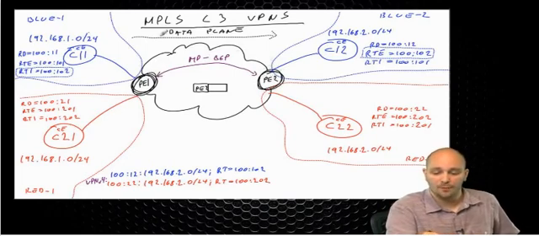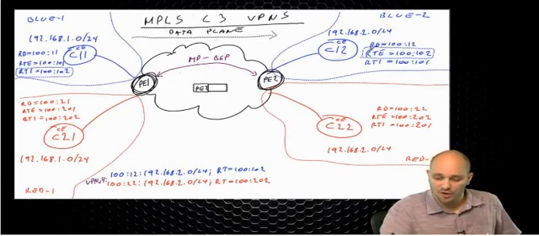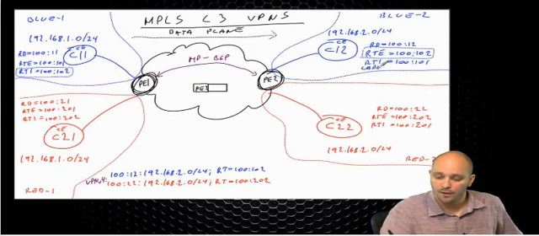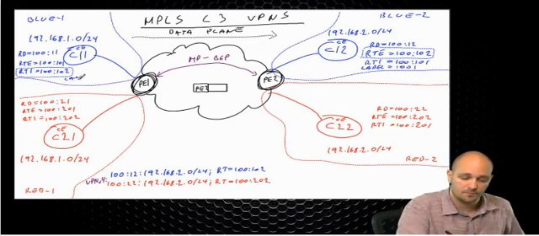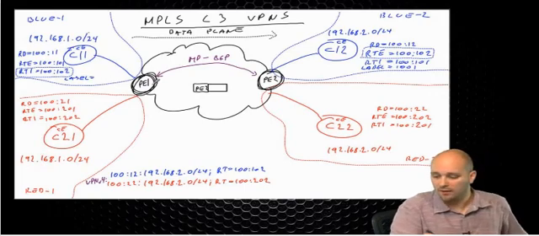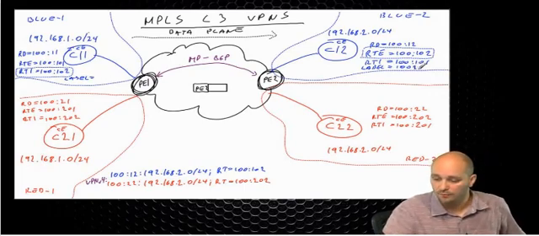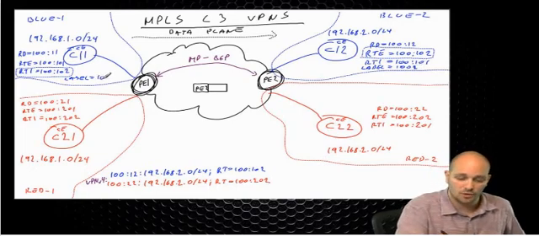So in addition to route distinguisher and route target, there is going to be an actual label. And let's say that in this case, it's going to be 1001.